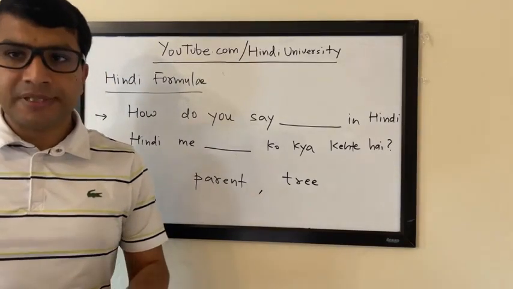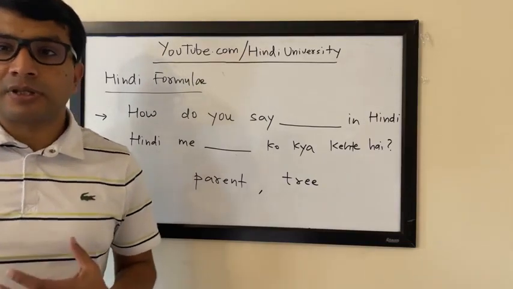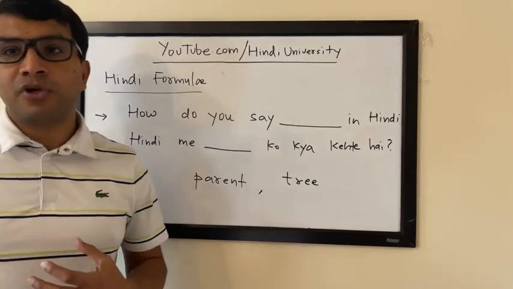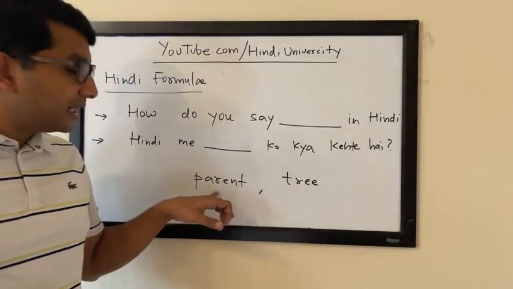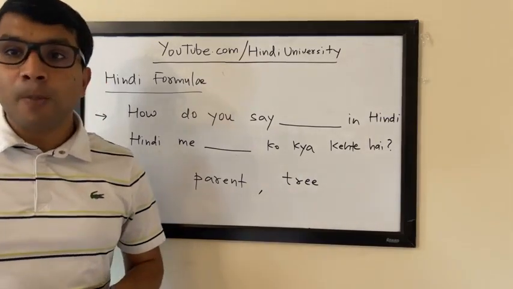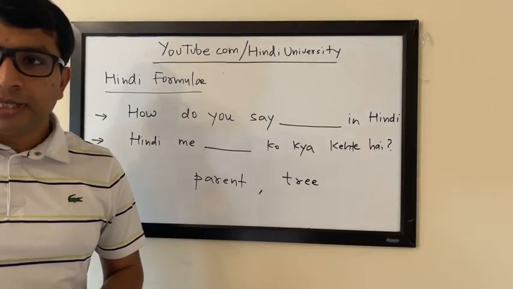And the person you are speaking with, assuming they are native speakers or have a better understanding of Hindi, will understand what you are asking. They'll say, Hindi में parent को माता पिता कहते हैं, or Hindi में tree को पेड़ कहते हैं. It's a very important formula.